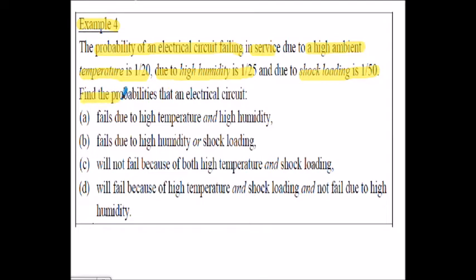We've got to find the probabilities that the electrical circuit will A, fail due to high temperature and high humidity, B, fail due to high humidity or shock loading, C, not fail because of both high temperature and shock loading, and D, fail because of high temperature and shock loading and not fail due to high humidity. So there are 4 parts to the question here.